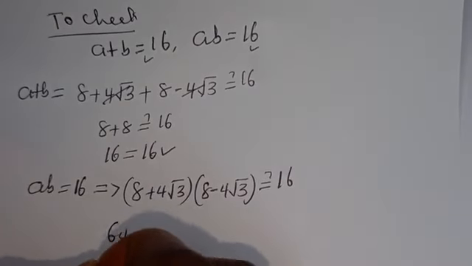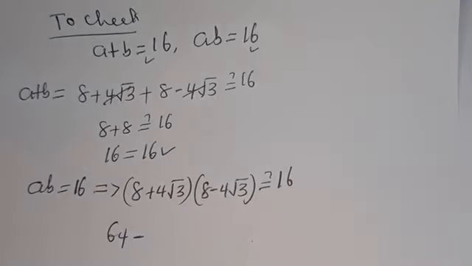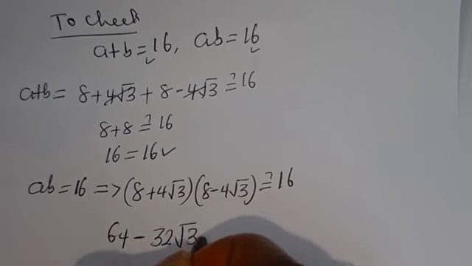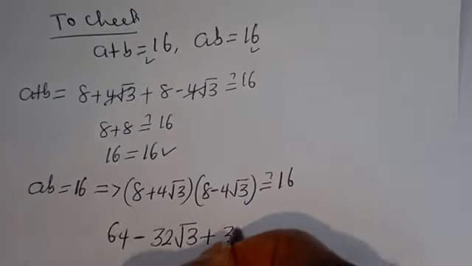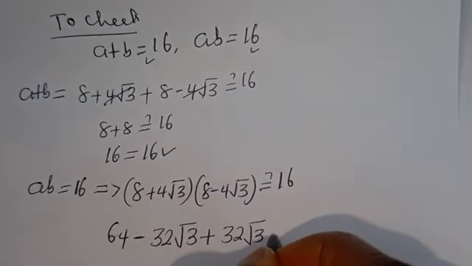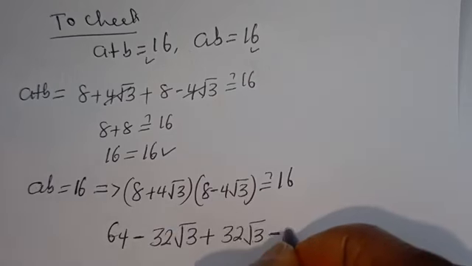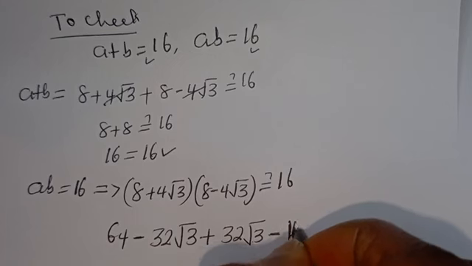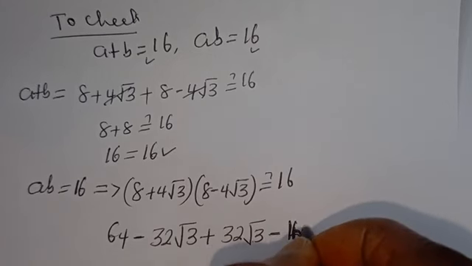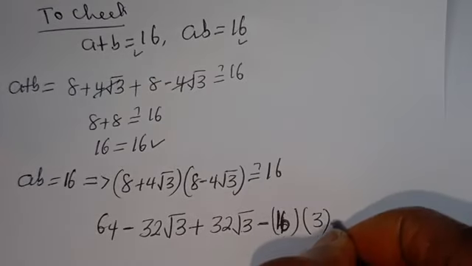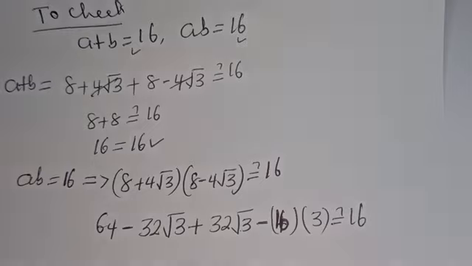This is 64, minus 8 times 4, that is 32 root 3, plus here is 32 root 3. Then we have minus 4 times 4, that is 16, multiplied by 3, then must be equal to 16.